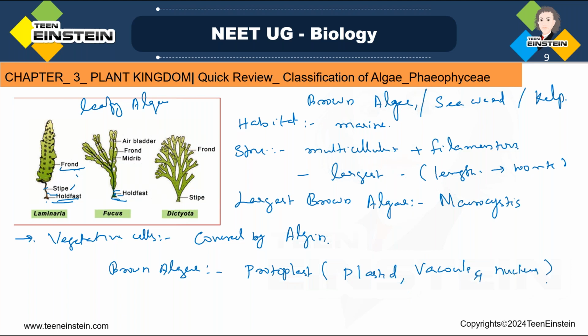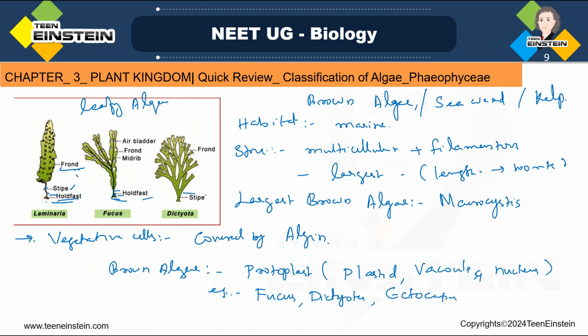In the protoplasm of brown algae, you can see plastids, a centrally located vacuole, and a nucleus also. Clear? Examples are Fucus, Dictyota, and Ectocarpus.